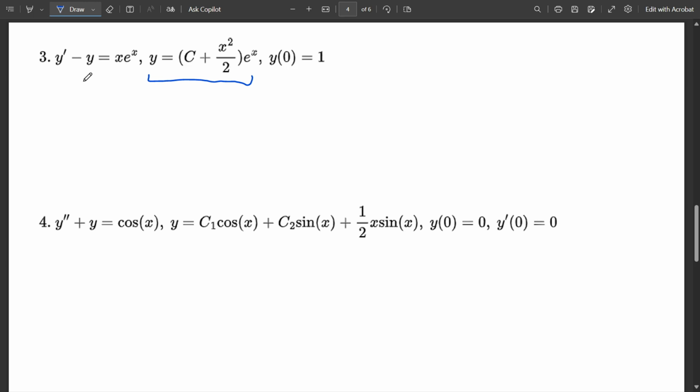Okay, so we have again a first order equation. y prime equals, we have a product rule, so we need to have c plus x squared over 2 times the derivative of e to the x, which is e to the x, and then plus the derivative of the inside, which is c plus 2x.